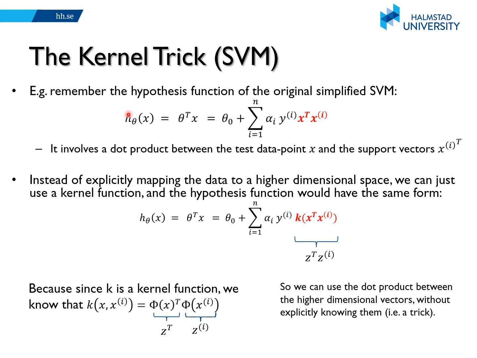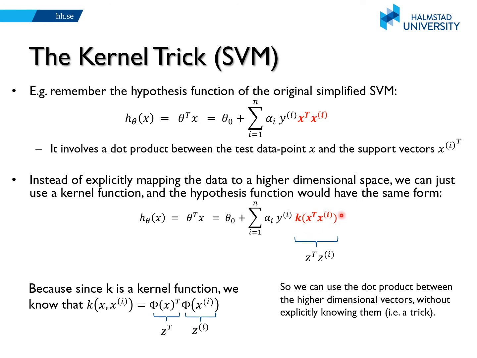And if you remember the hypothesis function we saw previously for the original simplified SVM, h of x, where x is a new test data point, is equal to this, right? And this involves a dot product between the test data point x and the support vectors, those xi's. And this is basically just a linear kernel. So if we want a nonlinear SVM, we can use another kind of kernel, for example, the Gaussian kernel.